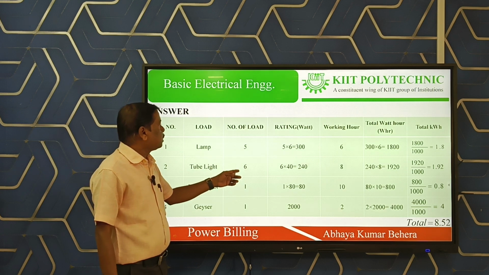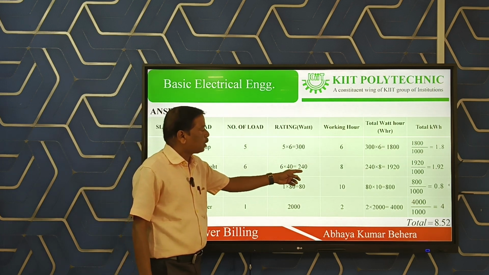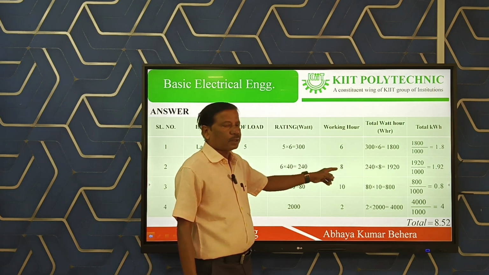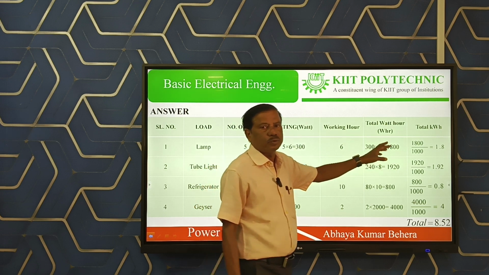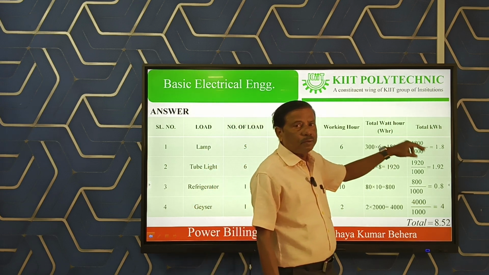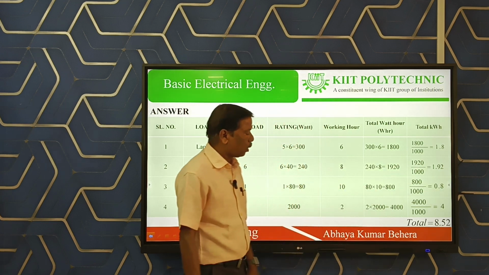Similarly, 6 tube lights is 40 watts, so we have 240 watts and it is used for 8 hours. So total watt hour is 240 into 8, which is 1920 watt hour, and 1920 by 1000 will give you 1.92 kilowatt hour.